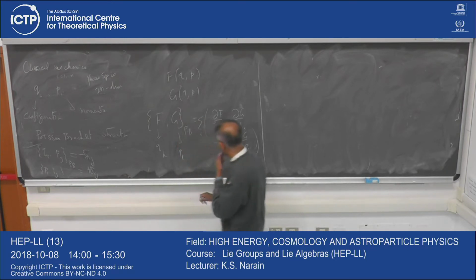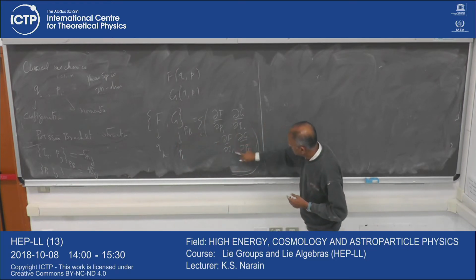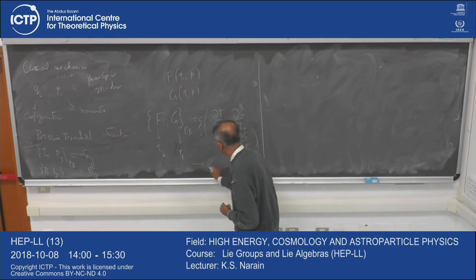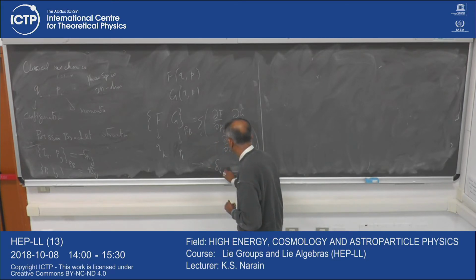Then the only time you'll get a contribution is when i is k, and then it gives you 1. And then i here should also be l, right? So this result will just give me minus delta kl.